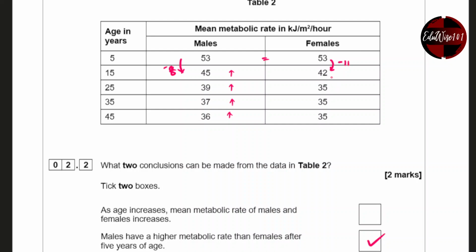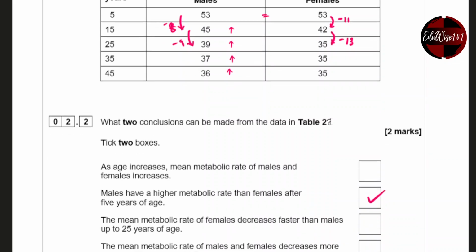And from 45 to 35, that'll be 13. And from 45 to 39, it's 5 minus 9. Yeah, it looks like it's correct, up to 25, isn't it? So that would be correct.